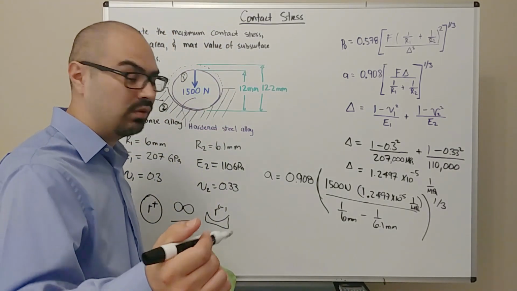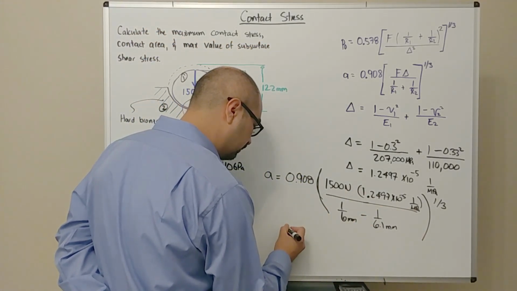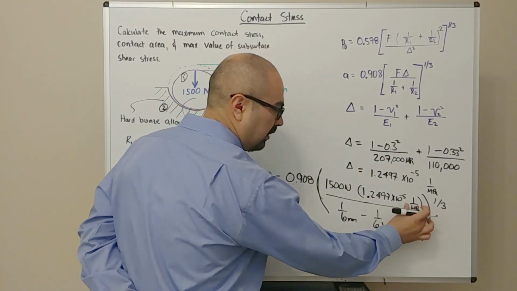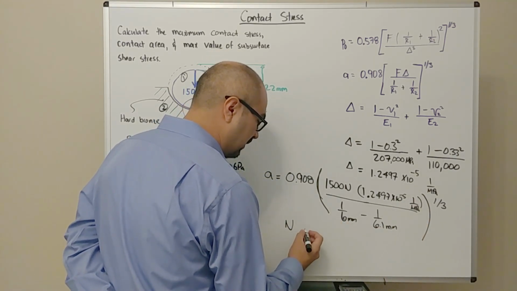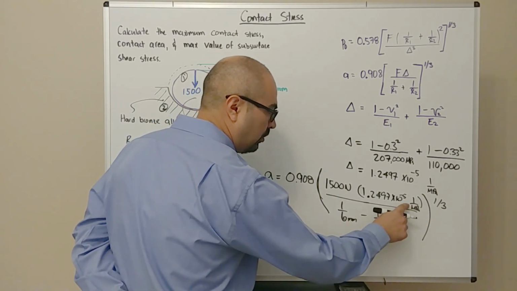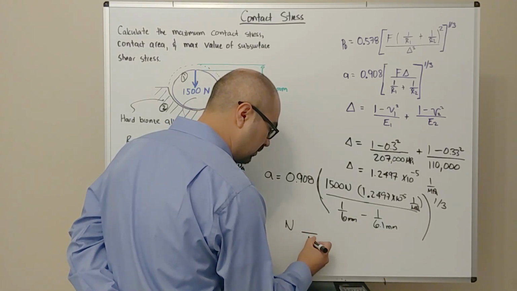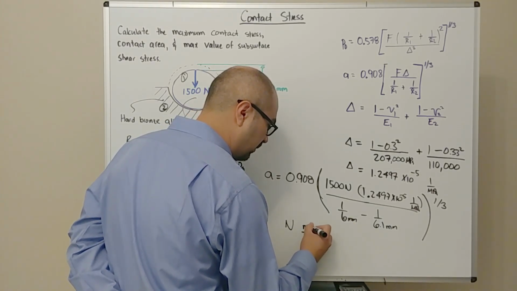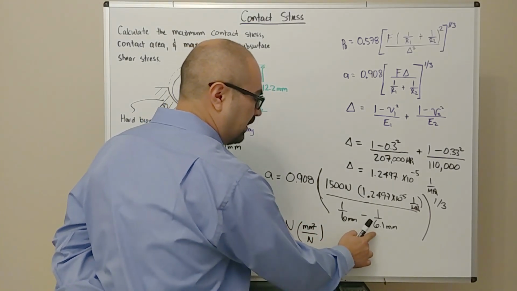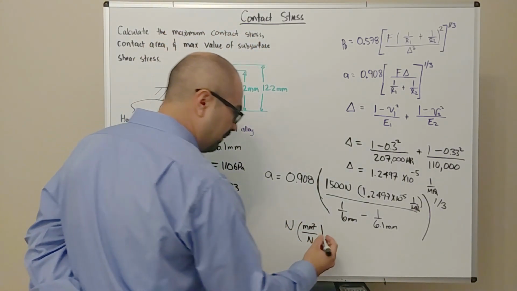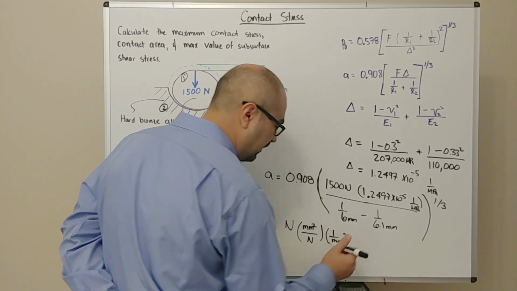If you're wondering about the units, let's take a closer look. We have a Newton that is going to get multiplied by 1 over a megapascal. So a megapascal is a Newton per millimeter squared. So it's like we have a Newton per millimeter squared, and then at the bottom, we have 1 over millimeter.